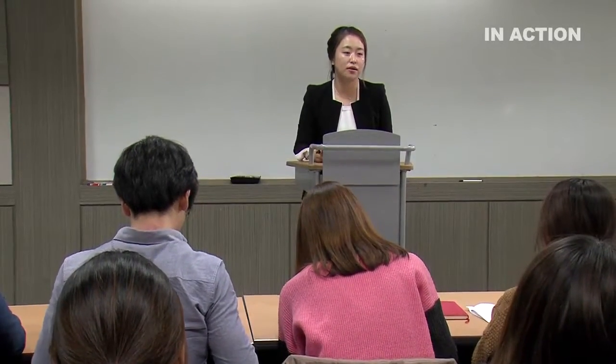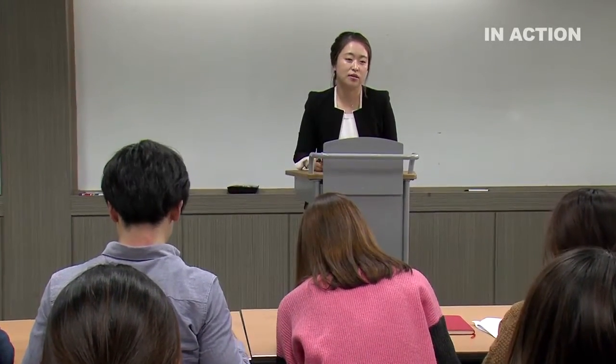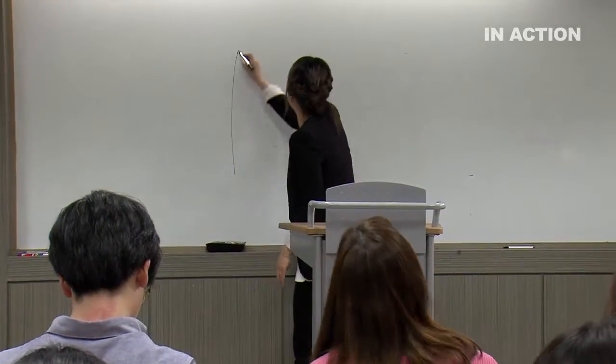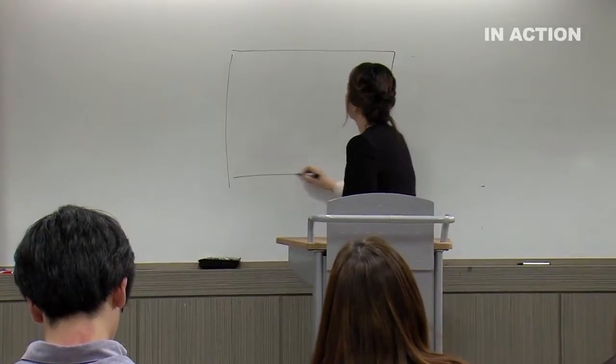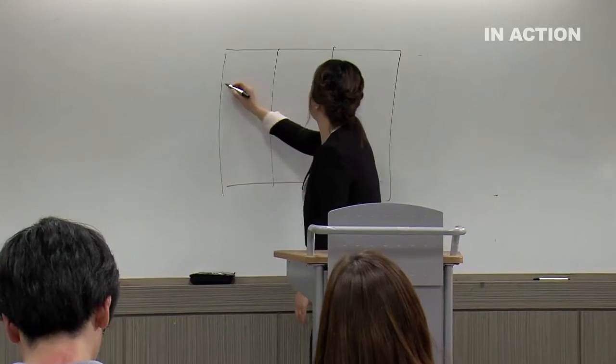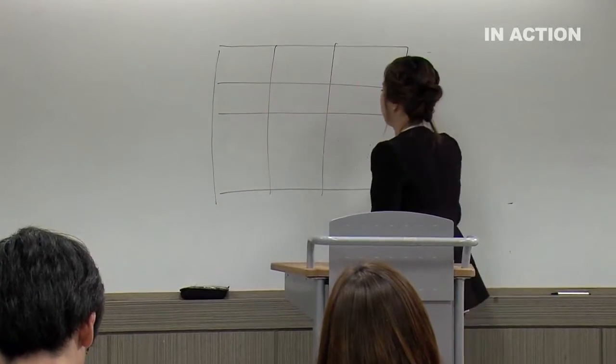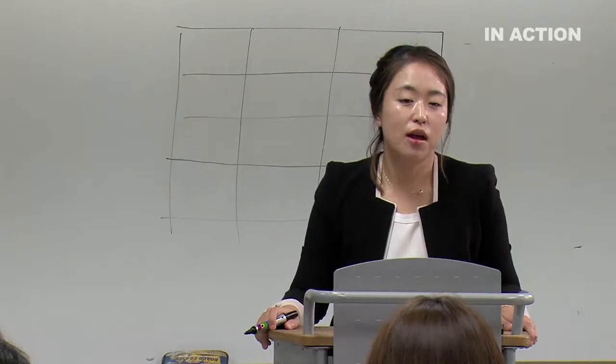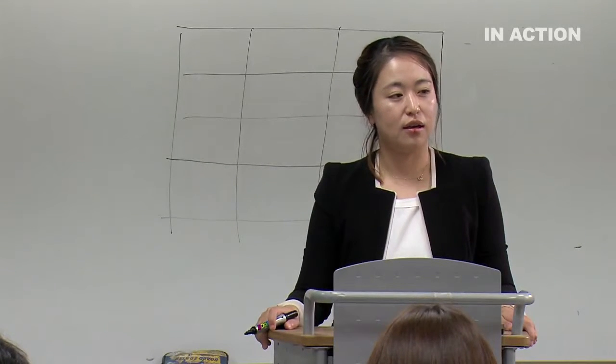Students, let's discuss a way to compare the engineering method with the scientific method. Here is how I would compare. First, I would make a table. A table helps me organize my thinking.